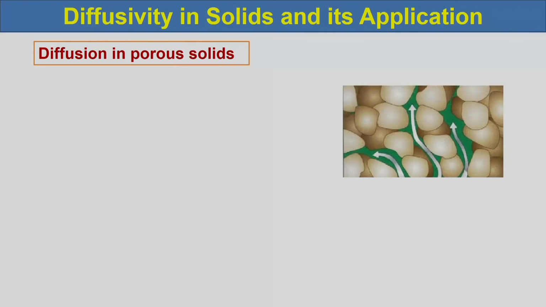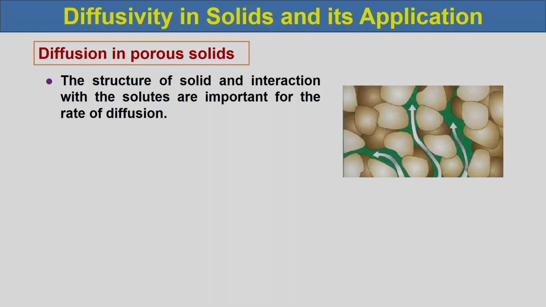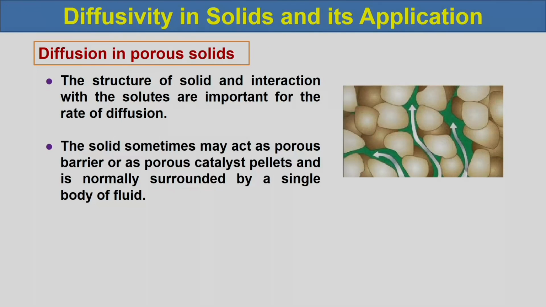Now, diffusion in porous solid. If we have solid materials which are porous in nature, the structure of the solid and interactions with the solutes are important for the rate of diffusion. The solid sometimes may act as a porous barrier or as a porous catalyst pellet and is normally surrounded by a single body of fluid.